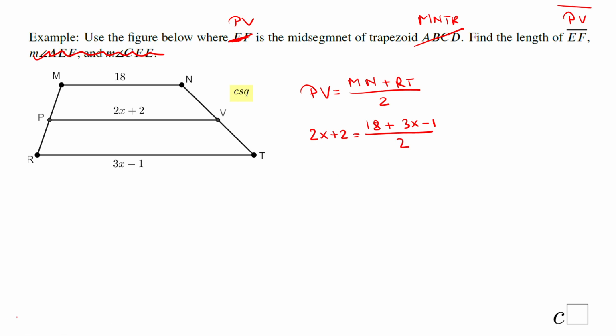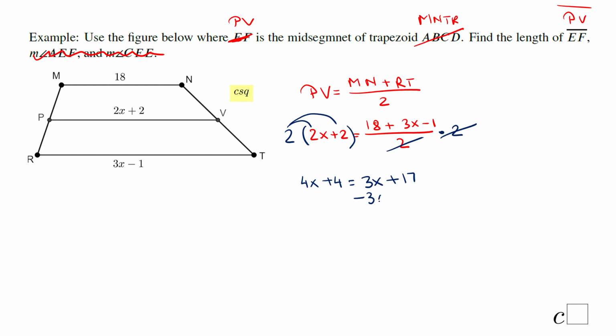And if you remember, we did something very similar. I multiply by 2. I'm gonna do the same thing. Multiply by 2. I'm gonna put a parenthesis here because we multiply the whole thing, right? So we have here 2 times 2x, that will be 4x. 2 times 2, that is 4, equals, and on the other side we have 3x, and 18 minus 1, that is 17.